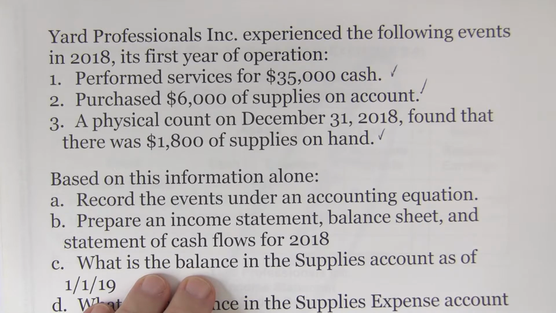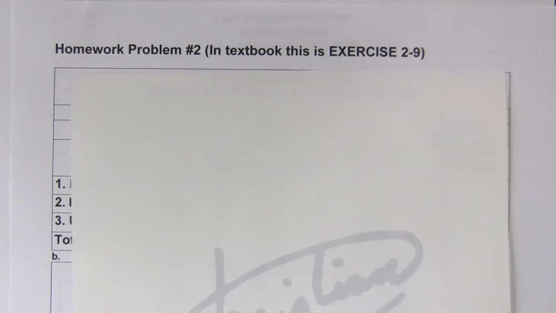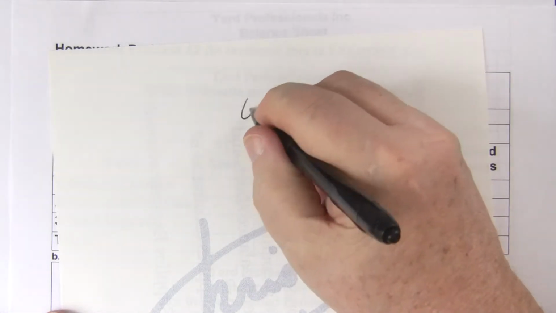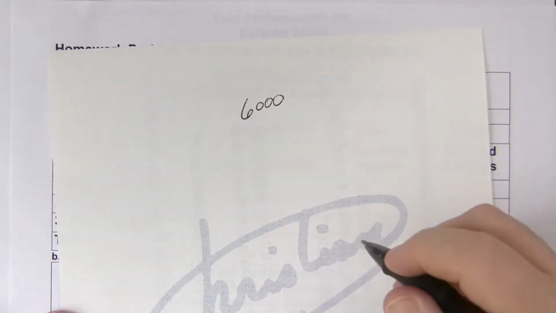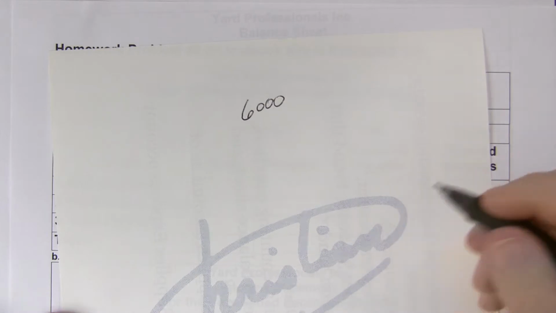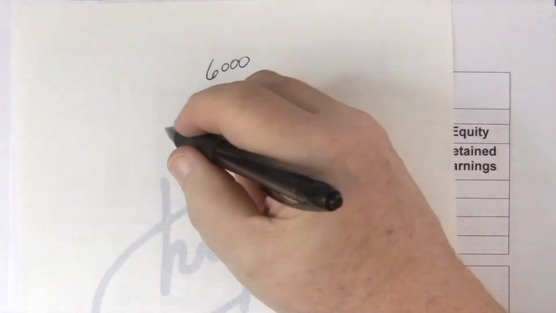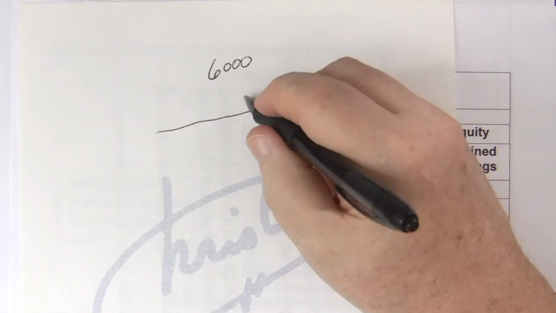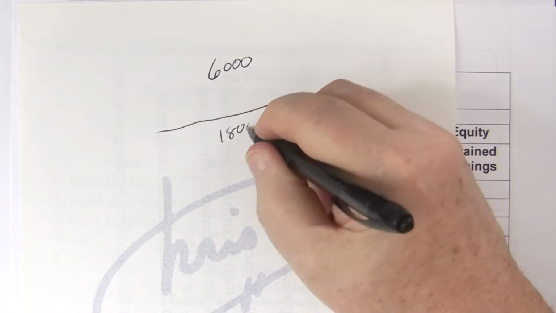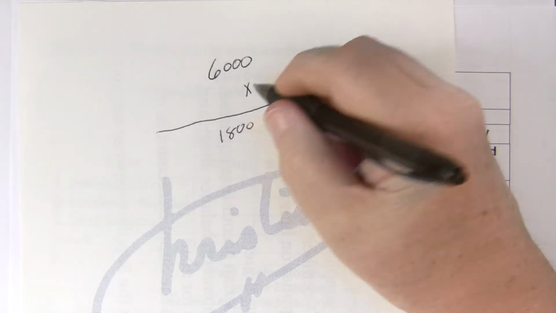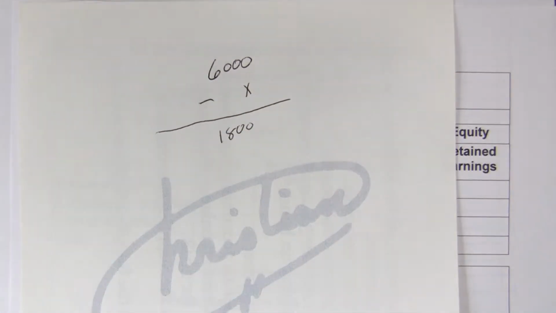I want you to think about that for a minute. If they bought $6,000, okay, this is stationery from my old photography studio. If they bought $6,000, and at the end of the year, they had $1,800, how much did they use?